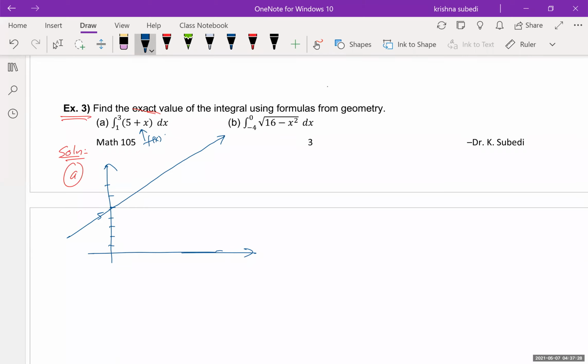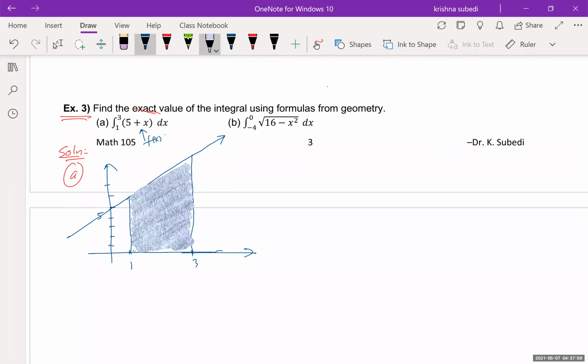So we draw the function f of x. Now we want to find the area from 1 to 3. So 1 is here and 3 is there. So basically we are trying to find this area right there. Now use your high school concept and try to find the area of this shaded region.